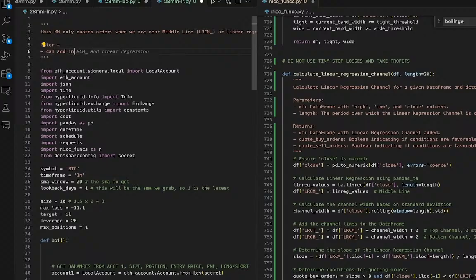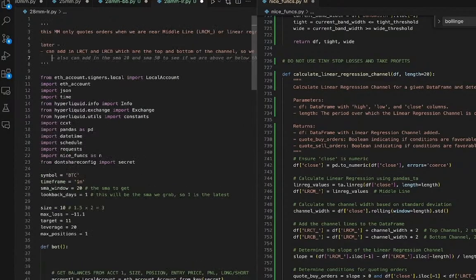LR top. I don't remember what it's called. It's right here though. I need to update the sizing mechanism because right now it cuts size in half.